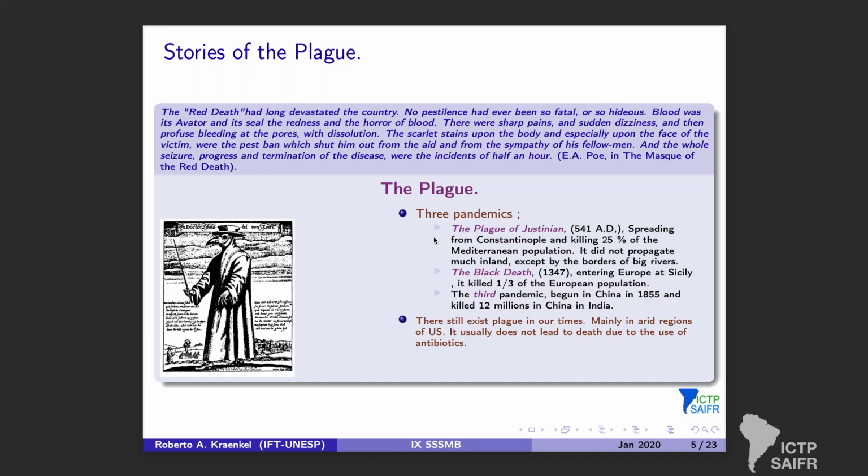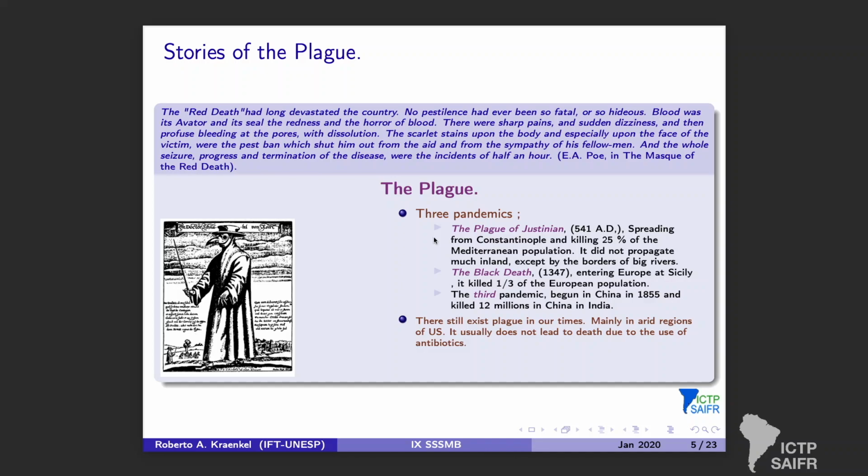But the Black Death, in the 14th century, actually swept around the whole of Europe, and it entered from Sicily. It was the bubonic plague.